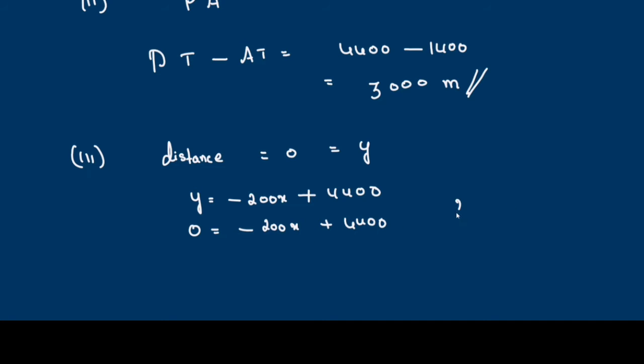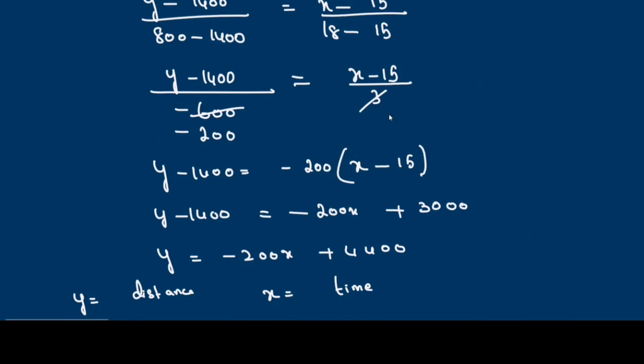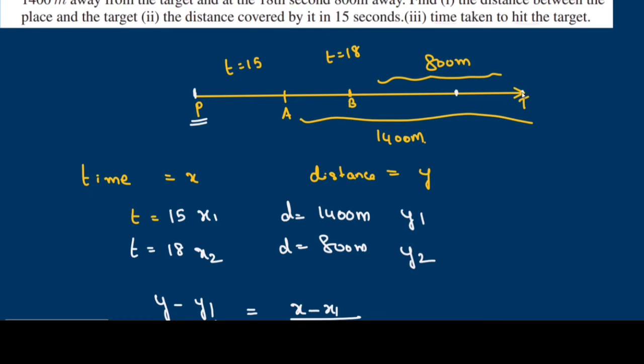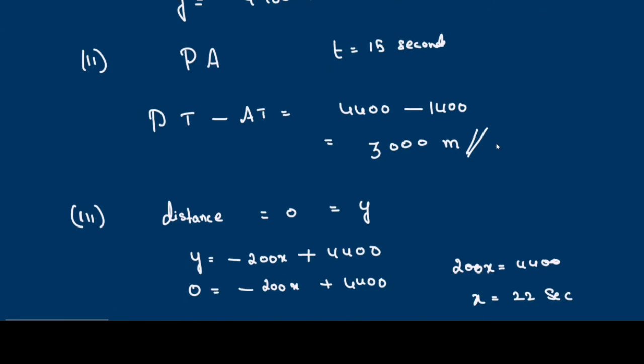That means 200x is 4400. So you get x is equal to 22 seconds. It is given in terms of seconds. So when you hit the target, the time will be 22 seconds. Time taken to hit the target is 22 seconds.